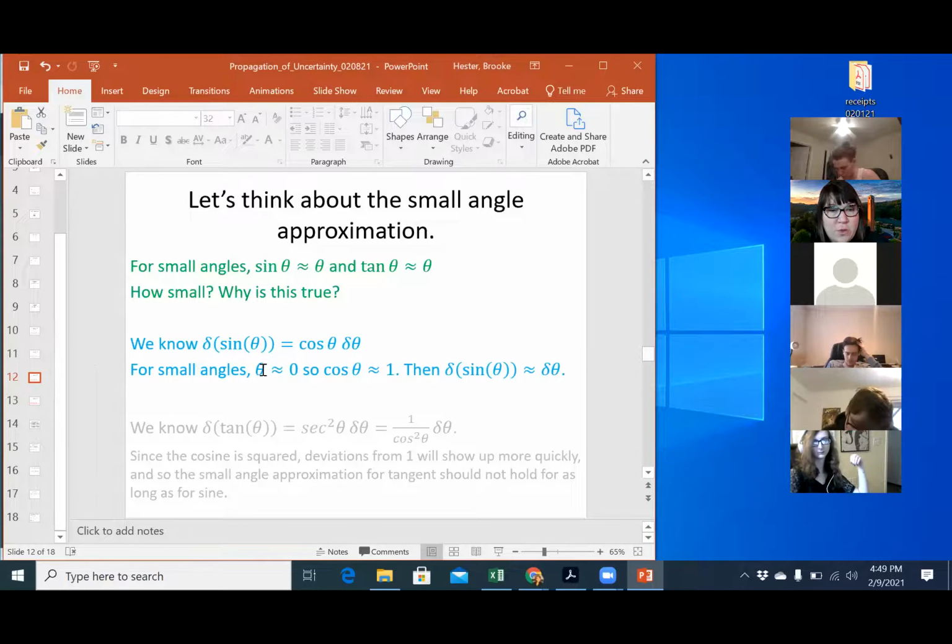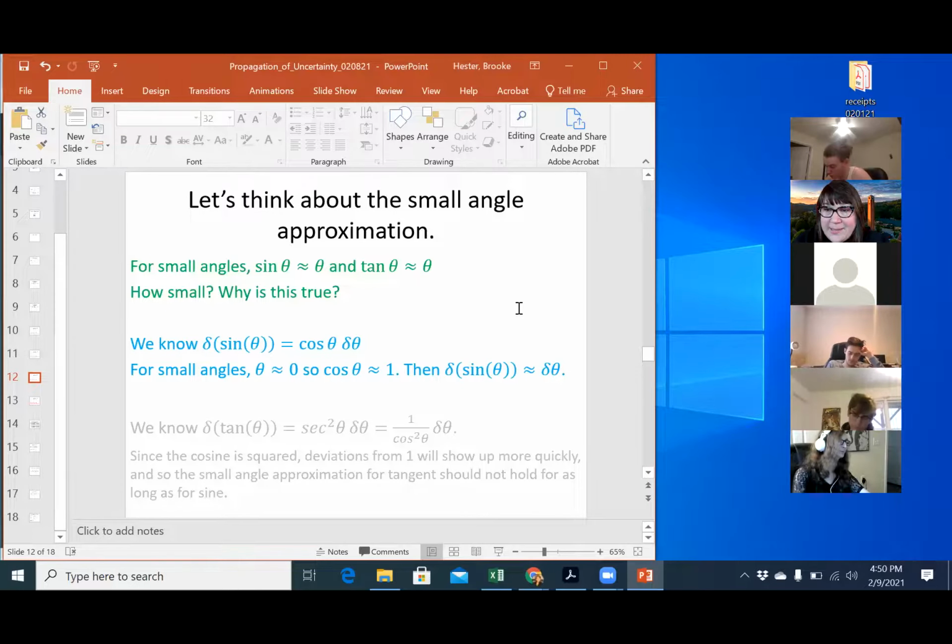And for small angles, theta is close to 0, and cosine of theta is close to 1, like Henry was telling us. So then the uncertainty in the sine of theta, if theta is small, is the uncertainty in theta. That's a nice extrapolation of that small angle approximation. We don't have to do a sine of anything. It's just delta theta.